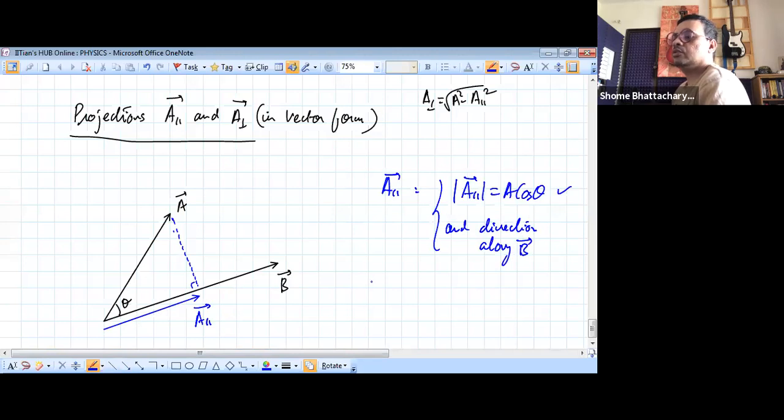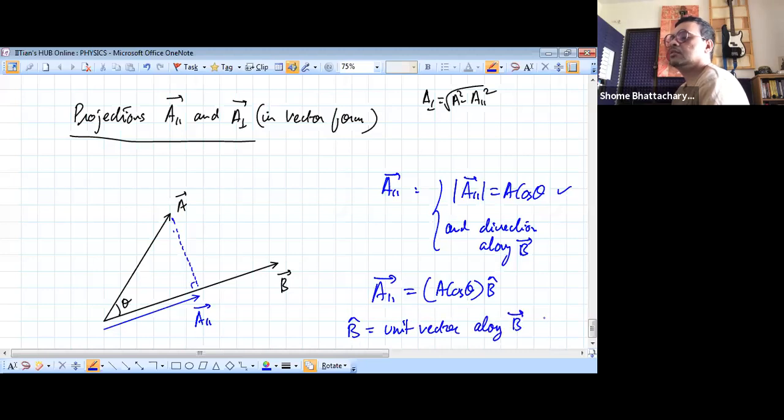So what do we denote the direction by? We denote it by unit vector. So E parallel as a vector will become its magnitude, which is E cos theta, multiplied by B cap, where B cap is the unit vector along B. Okay.